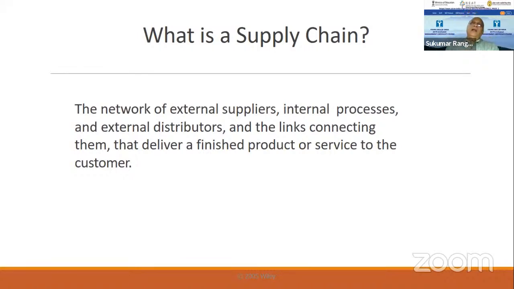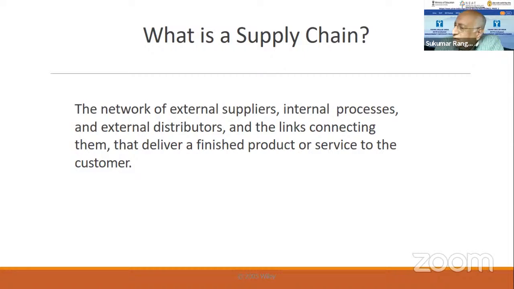So basically, then it started looking at, even importantly so, when the materials are processed and ready for delivery, you also need a chain to ensure that the product reaches the customer as fast as possible, safely.